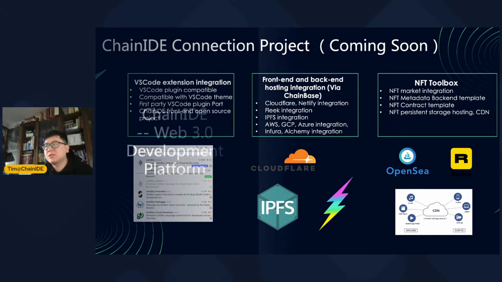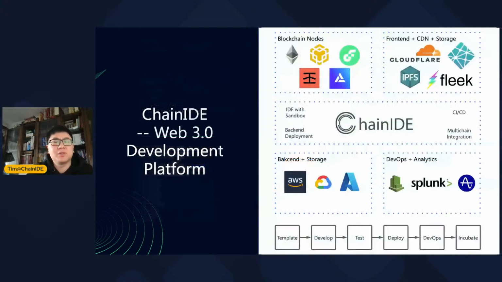All right, so this is the picture we want to draw in the Web3 world. ChainIDE will be a middleware of the blockchain nodes, front end CDN storage, the back end and DevOps. ChainIDE will integrate and connect with all these solutions and make the development, CI/CD and multi-chain integration very easy.